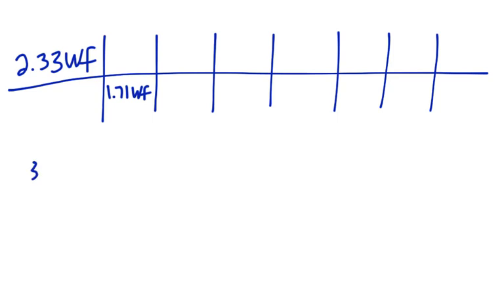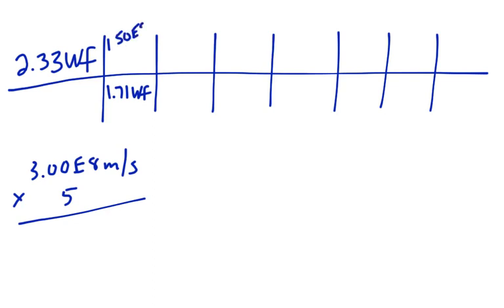Well, the speed of light was 3.00 E8 meters per second. And so what you could do is you could go ahead and take that times 5 real quick. And you need to keep your 3 sig figs. And so many of you did that, and you get 1.50 E9 meters per second.